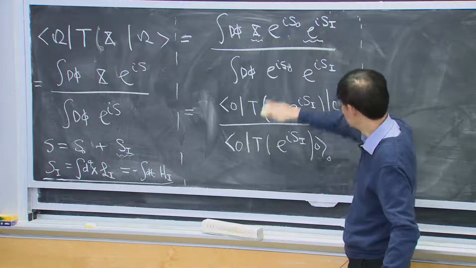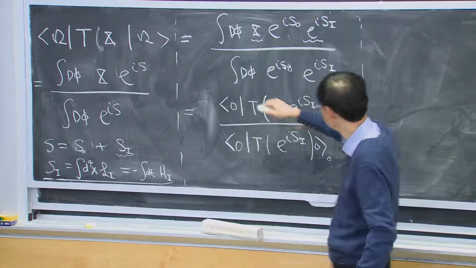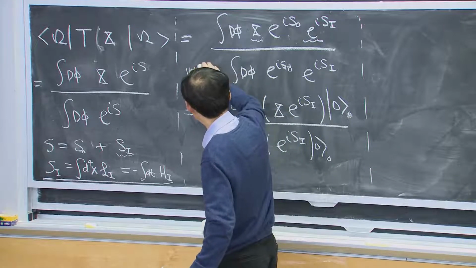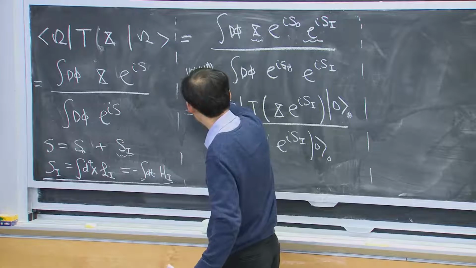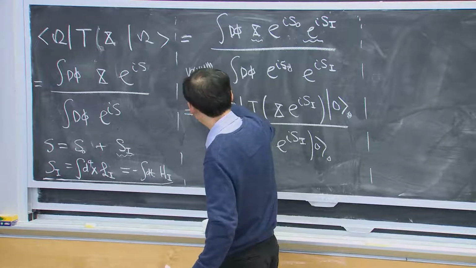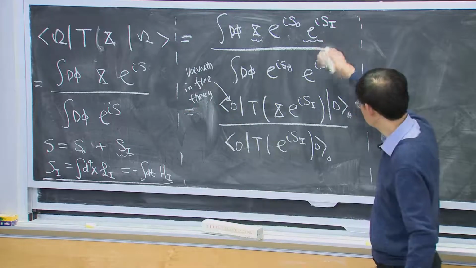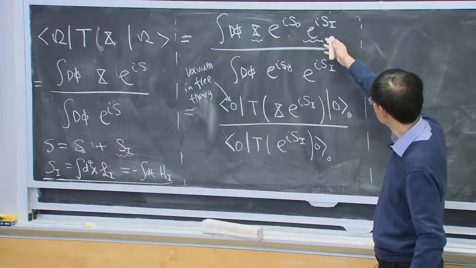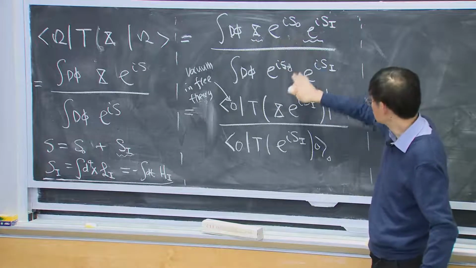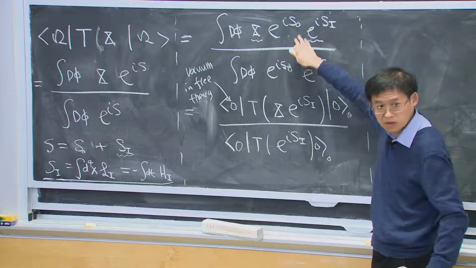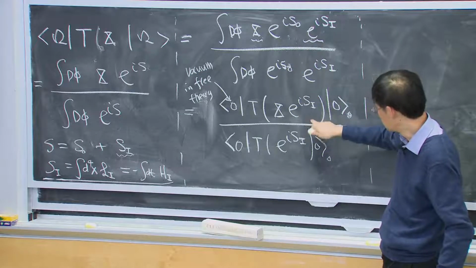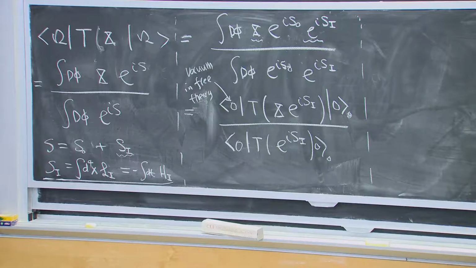In order to write it in terms of the expectation value in the free theory, we should divide by a path integral with just the expression e to the iS_0. But since upstairs and downstairs we need to divide by the same path integral, they just cancel. So I can directly write it down as the ratio of these two correlation functions.